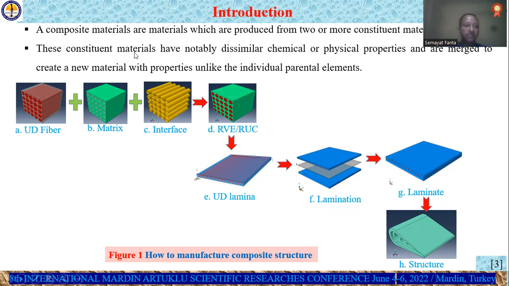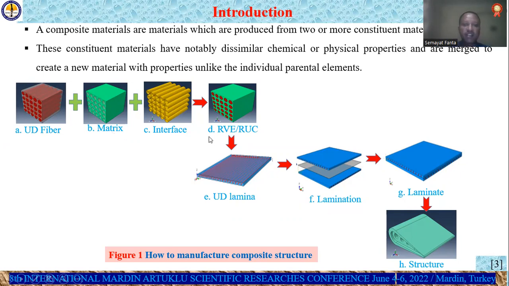This includes the fiber and the matrix materials. The fiber material is a transversely isotropic material, and the matrix material is a homogeneous material. And we also introduce some interface materials in the case of preparing composite.